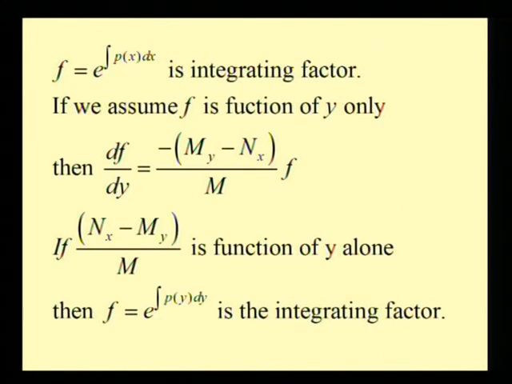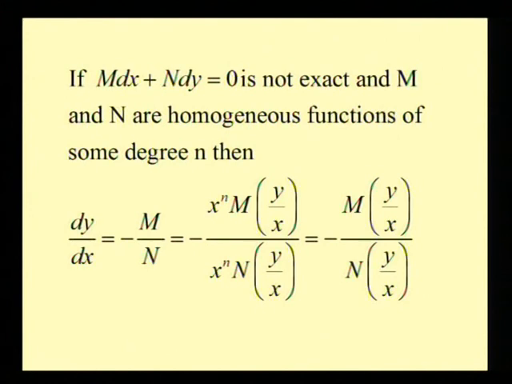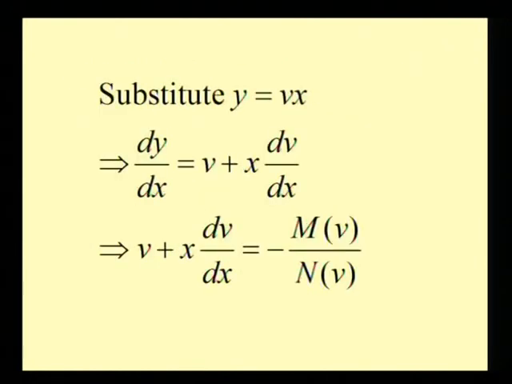Now, if M dx plus N dy is 0 is not exact, and M and N are homogeneous functions of the same degree, in this case also we can find the integrating factor, because dy by dx is equal to minus M upon N, and with the same homogeneous degree we can write this in a form that ultimately becomes a function of y upon x.